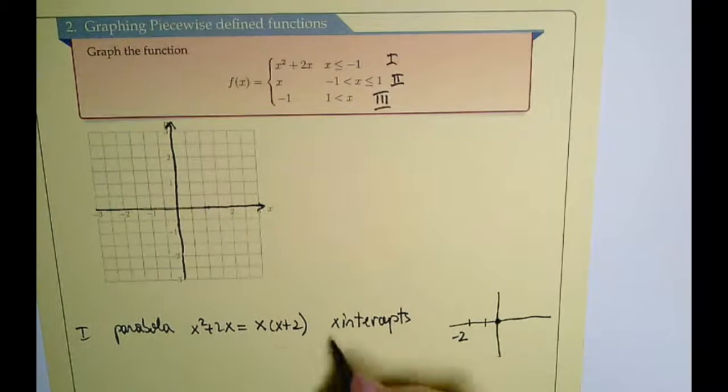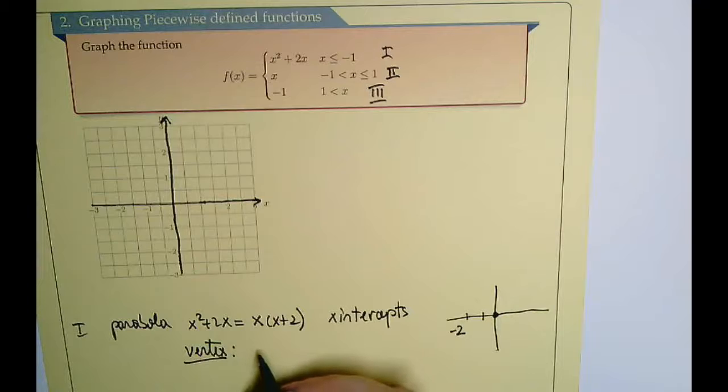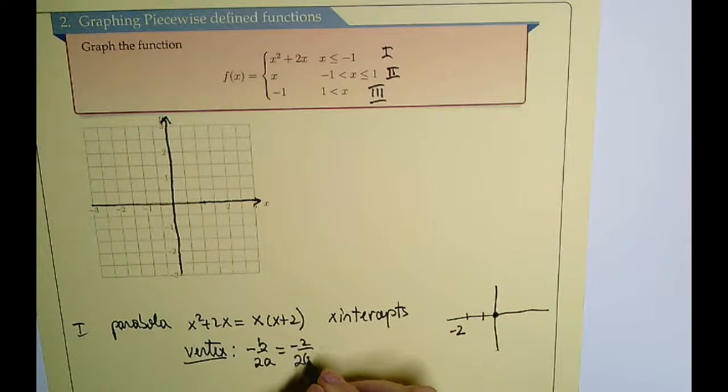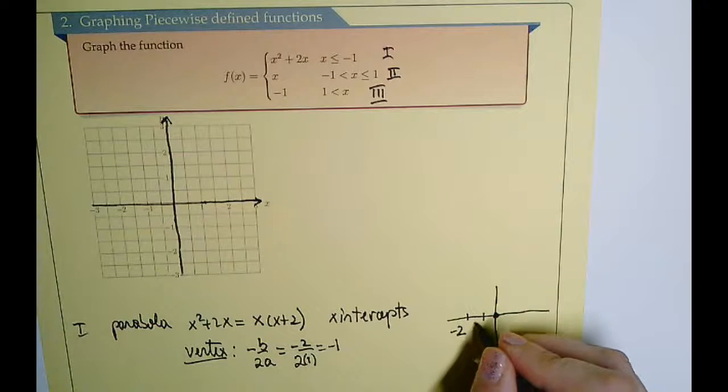And where is the vertex going to be? Recall from previous knowledge that the vertex happens at -b/2a, where this is your a, this is your b, and your c is 0 in this case. So -b, so -2 over 2 times a, which is 1. The vertex happens when x is -1.